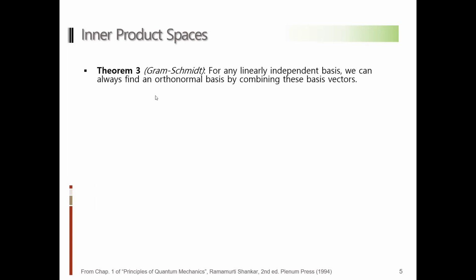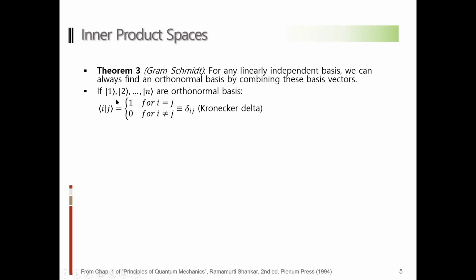Once we know that we can always find an orthonormal basis, let's assume that we start with some orthonormal basis. One of the important properties of the orthonormal basis is that if I select two basis vectors out of the orthonormal basis, then the inner product between those two will always be either 0 or 1.